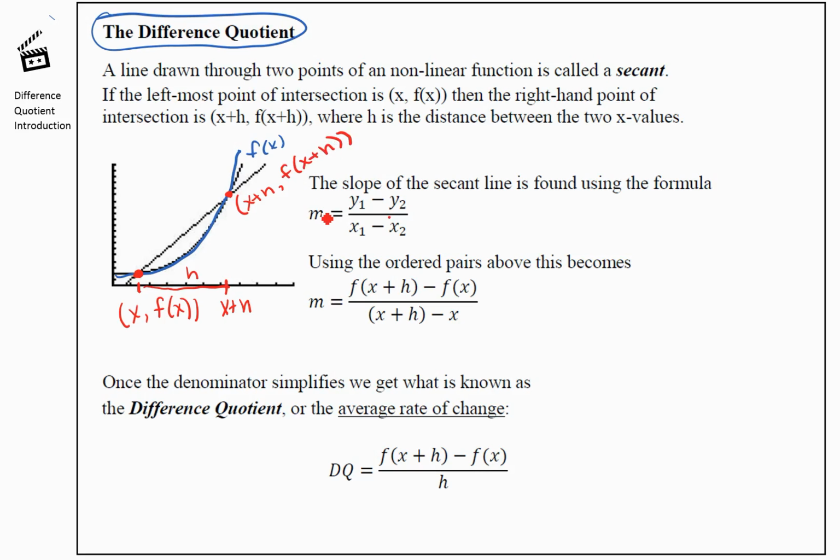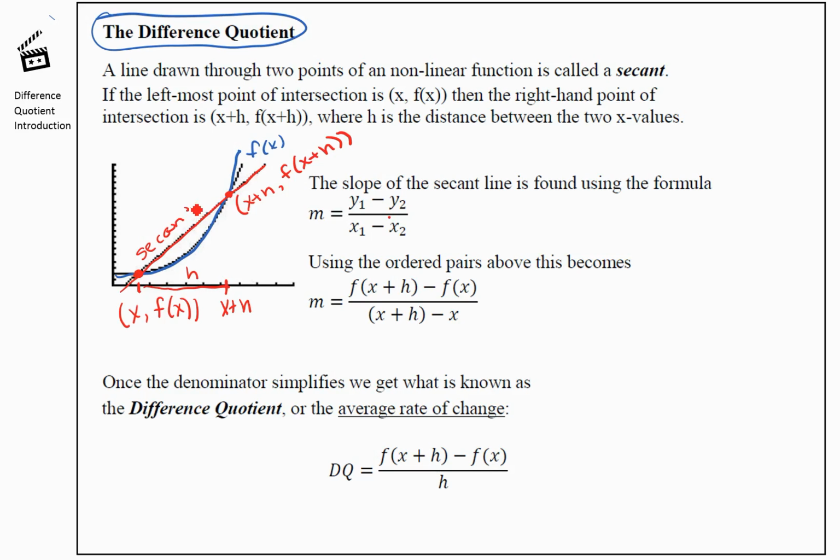Okay, and what we're actually going to do is draw the straight line between those 2 points. And that line is called a secant line. And since we can't find the slope of a curved line, we're going to find the slope of the secant line.